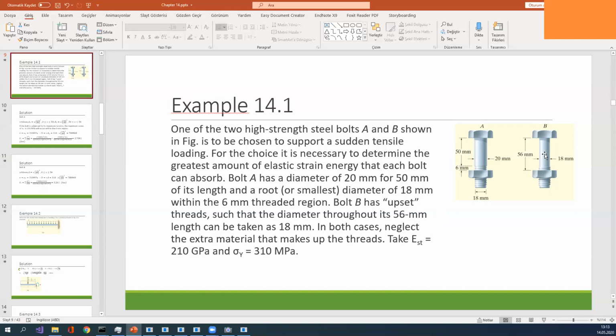But sometimes we need to decrease the rigidity of the structure in order to absorb more earthquake loads.